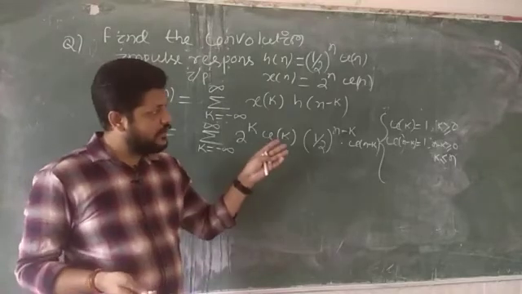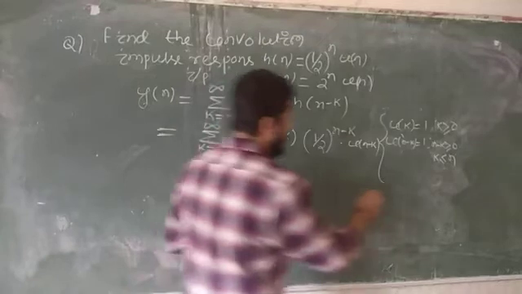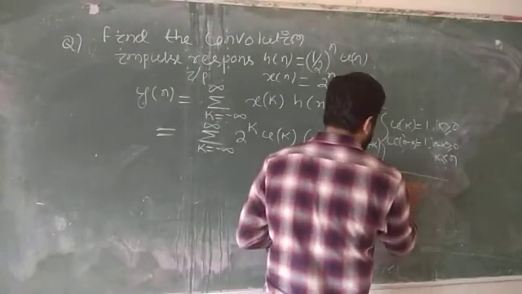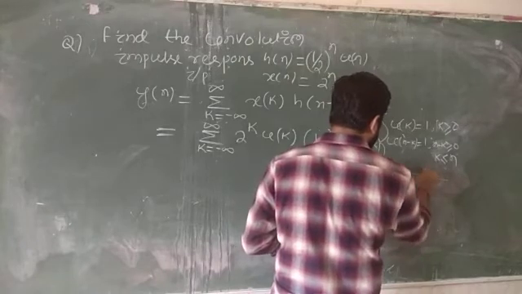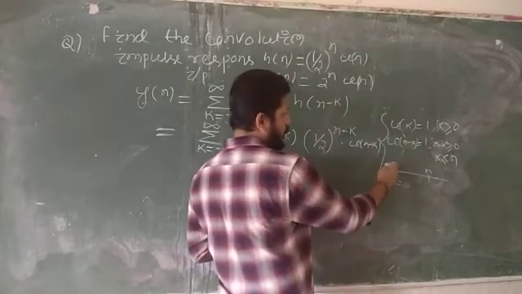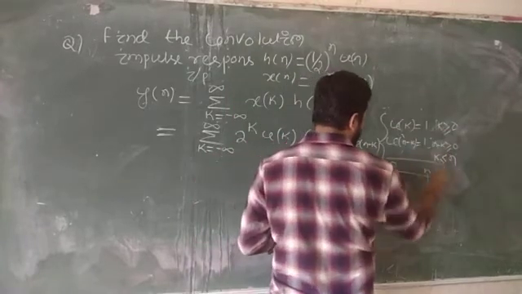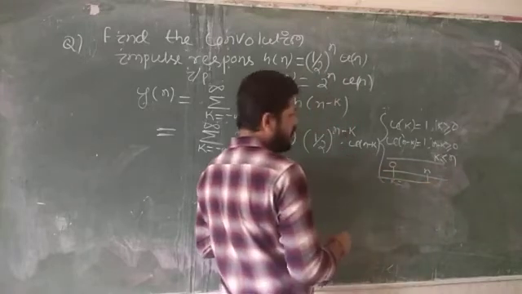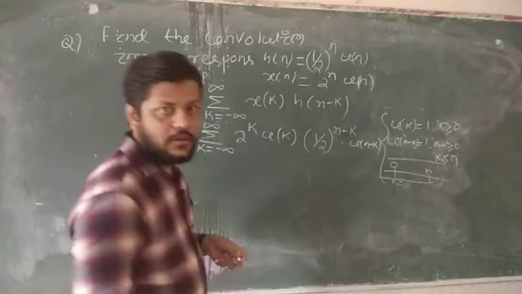One says k is greater than or equal to 0, and the other says k less than or equal to n. I can plot it like this, suppose this is 0 and this value is n. So the common range is from 0 to n, that means k is varying from 0 to n.